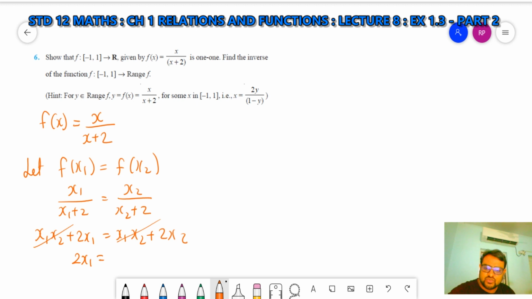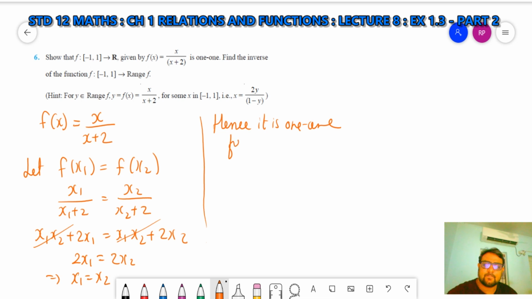That means 2x1 equals 2x2, so x1 equals x2. Hence it is a one-one function. Okay, clear?